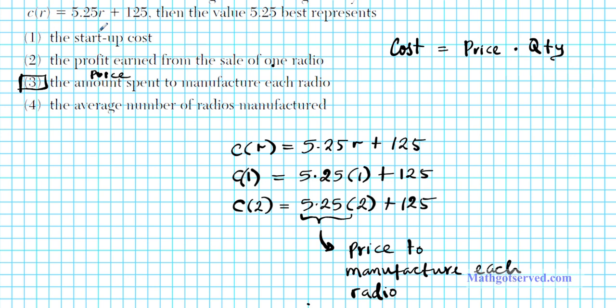So if you were asked to describe what 125 represents, 125 is your startup cost. You have to have that cost in order to start your manufacturing, regardless of how many radio sets you produce. And the thing about startup cost is once you have it, that's it. It doesn't change, it stays the same. So the correct answer for this problem is option number 3.